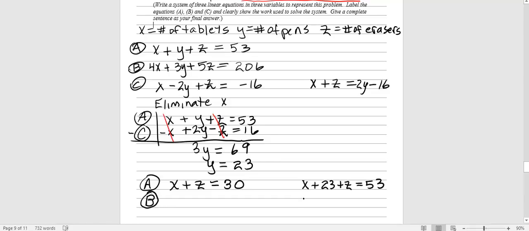And similarly in B, I'm going to replace 3y with 69. So I get 4x plus 69 plus 5z equals 206. And when I subtract 69 from both sides of the equation, this becomes 4x plus 5z equals 137.